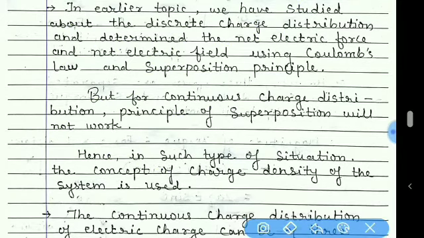But in continuous charge distribution you will not find a single charge separately. You cannot find such a case of scattered charges, because the charges are distributed over the whole body, and so the principle of superposition will not work in this case.